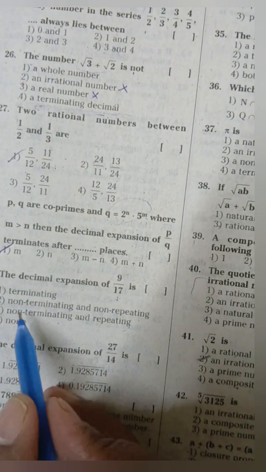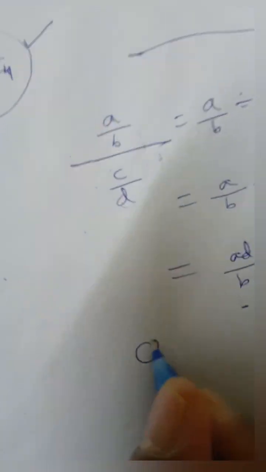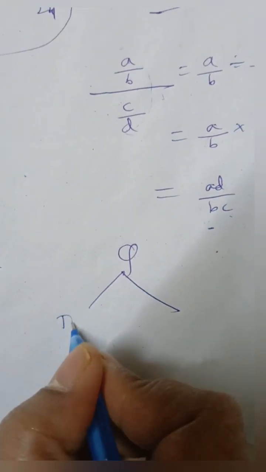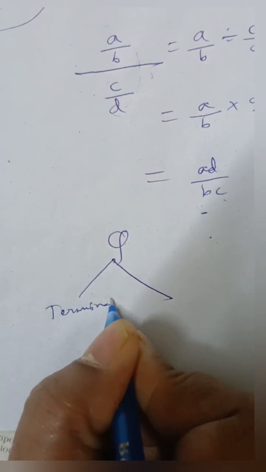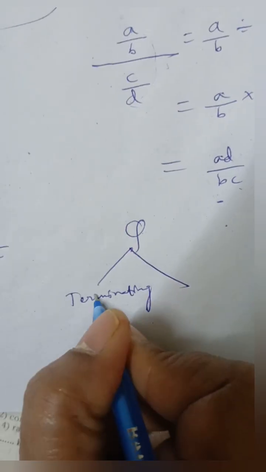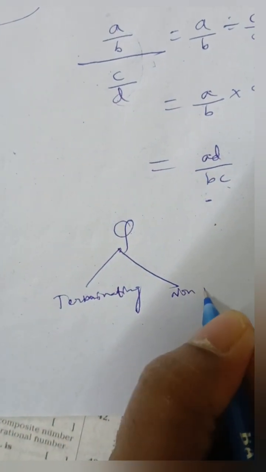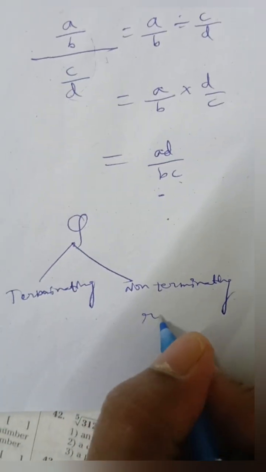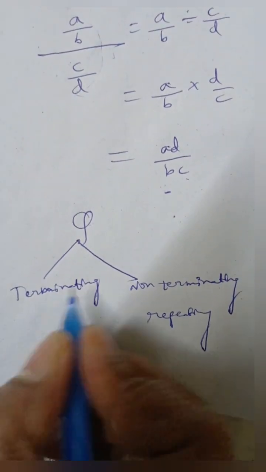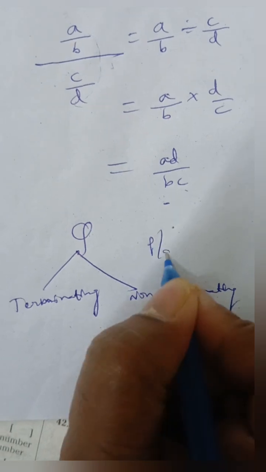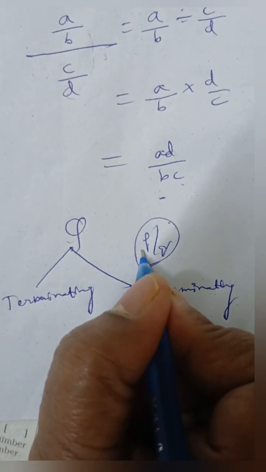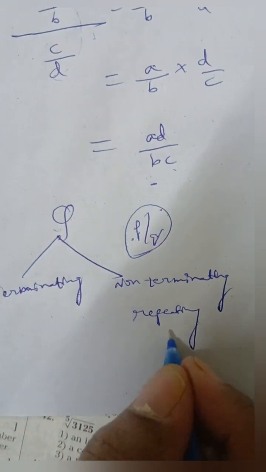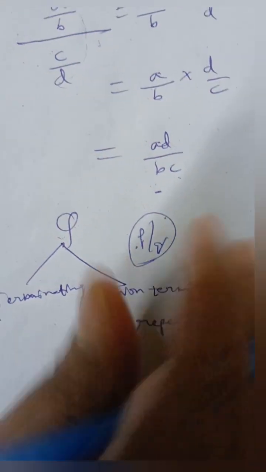I should not say that it is non-terminating, non-repeating, because it is a rational number. Children should know that rational is of two types: one is terminating, other is non-terminating, repeating, because it can be written in the form of P by Q. A rational number can be written in the form of P by Q. Either it will be repeating or it will be terminating.